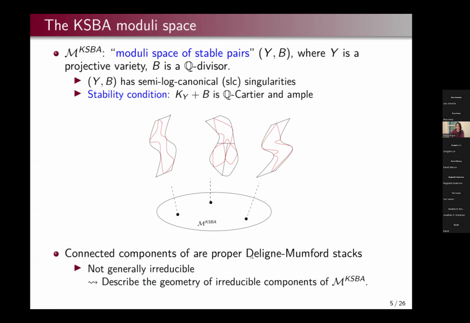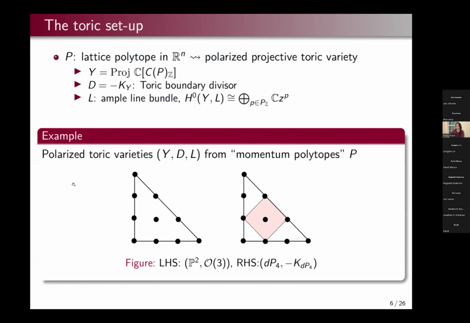And the general goal of people who work on KSBA moduli spaces is to describe the geometry of irreducible components of the space. And this was done around 20 years ago in the toric setup by Alexeev. And I will review what was done there first before telling what we did in the non-toric setup.